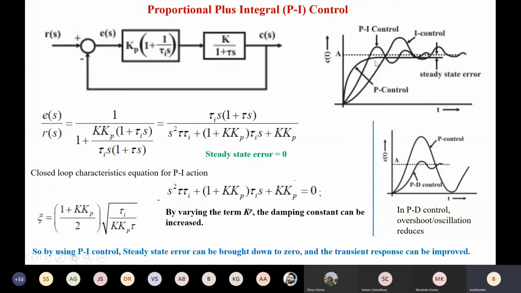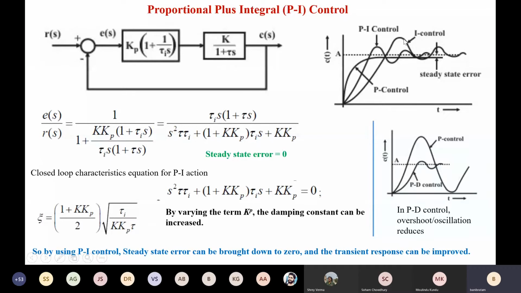And if you look at the graphs, how will it look? In case of P control, you can see it could not reach the steady state value. There was always an error. Now, if you use only integral control, the integral action will look like this. Here you will get large oscillations, and after a couple of oscillations, it will settle down.